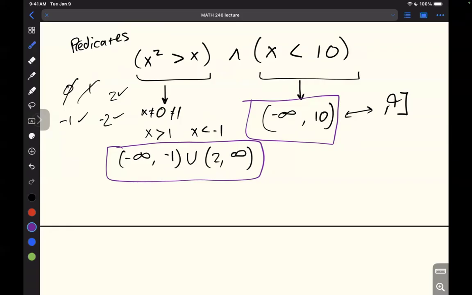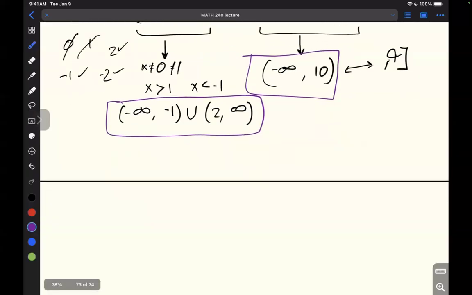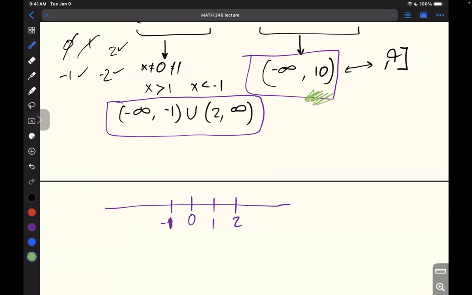So what's that intersection? So let's color the right hand one green and the left hand one blue.